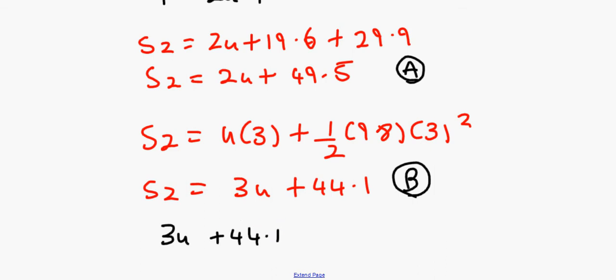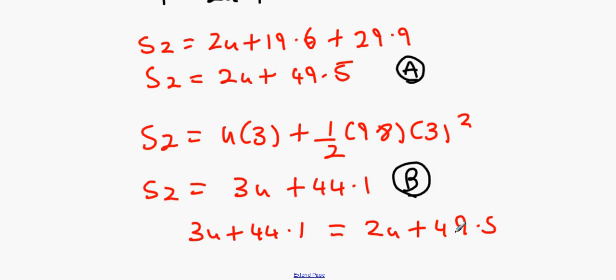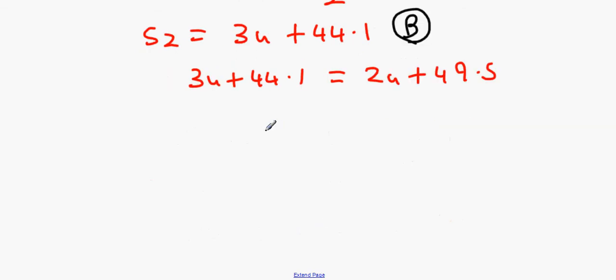So 3U plus 44.1 equals 2U plus 49.5. We're going to solve for U. Bring over the 2U, it becomes minus 2U, and bring over the 44.1. So we get U equals 5.4 meters per second.